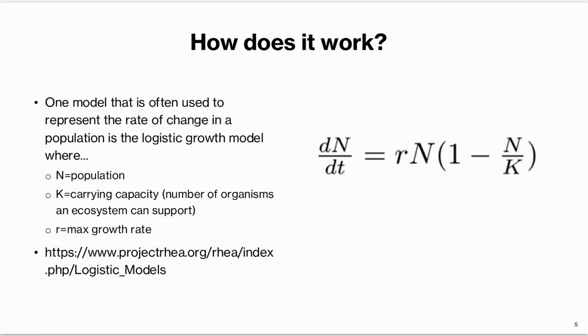One model that is often used to represent the expected rate of change in a population is the logistic growth model, where N is the population or the abundance, K is the carrying capacity, which is the number of organisms an ecosystem can support, and R is the maximum growth rate. As you can see here on the right side, we have dN over dt, which is the differential equation.